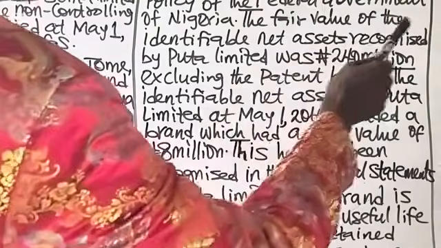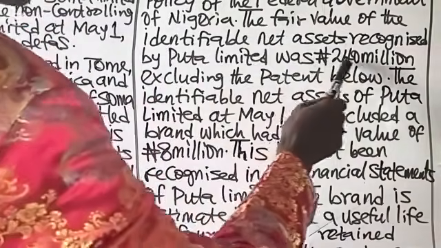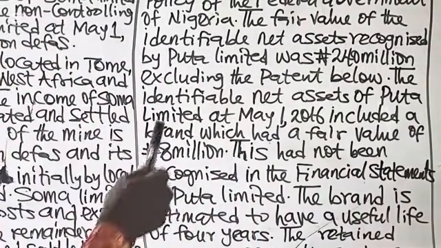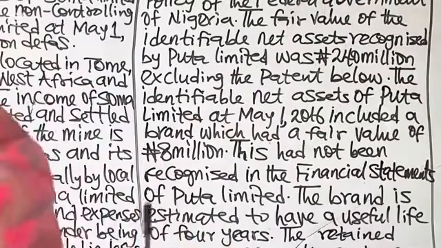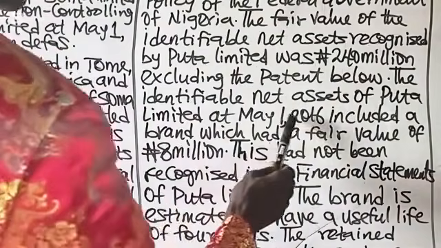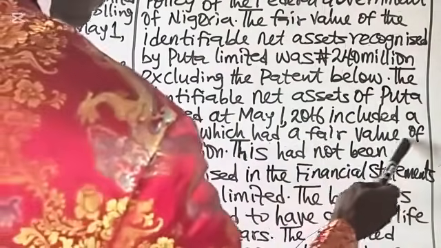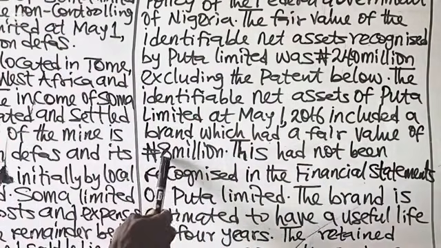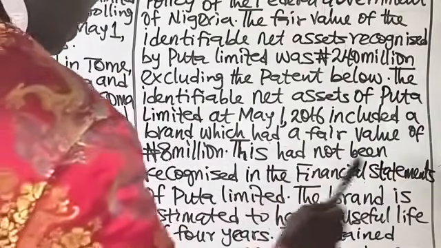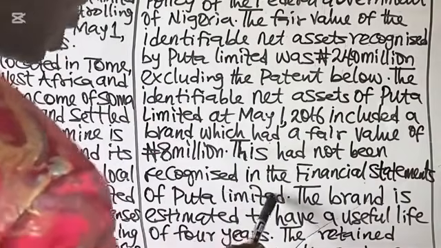The fair value of the identifiable net assets recognized by Puta Limited was 240 million Naira, excluding the brand below. The identifiable net assets of Puta Limited at May 1st, 2016 included a brand which had a fair value of 8 million Naira. These have not been recognized in the financial statements of Puta Limited.